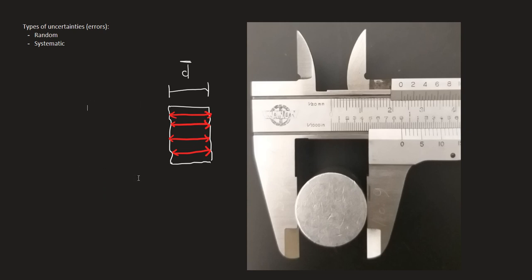But of course, this is a random error. Let's make a plot, where this axis is the number of measurements, and here the diameter. In this kind of measurement, you will see the following.